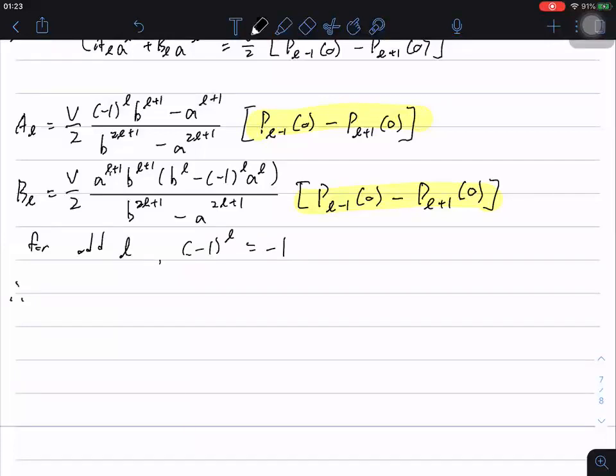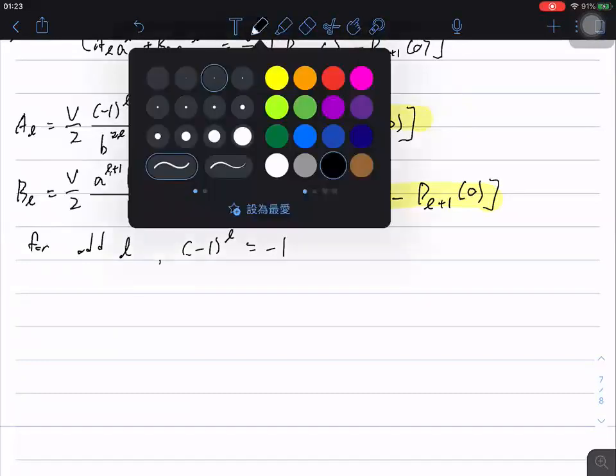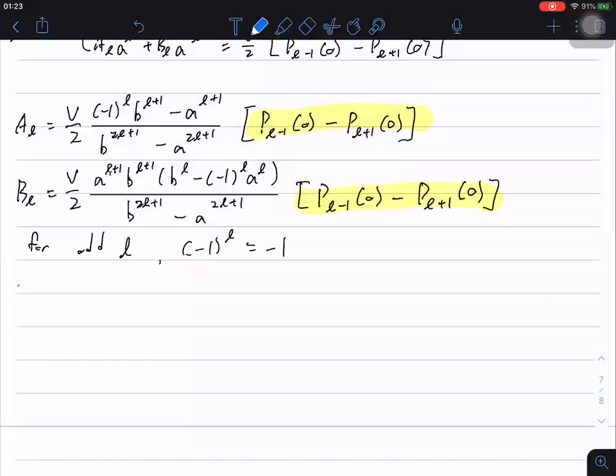So right now we can plug all AL and BL into the general form of the solution. And after some simplification, you can obtain this solution.